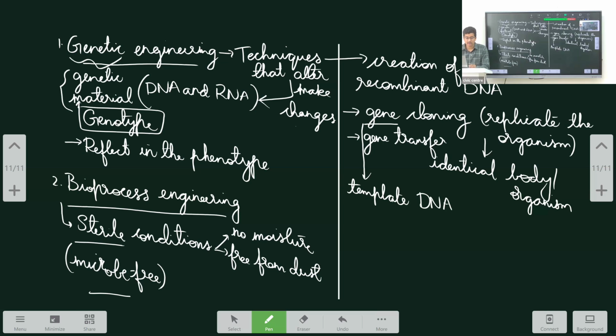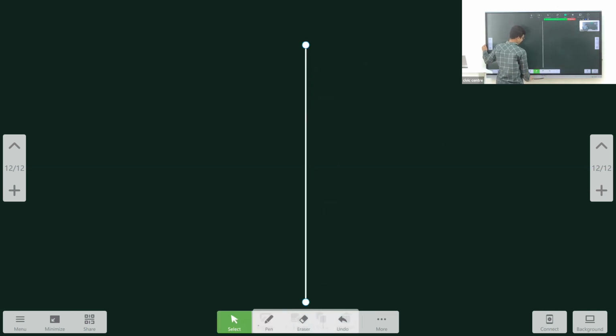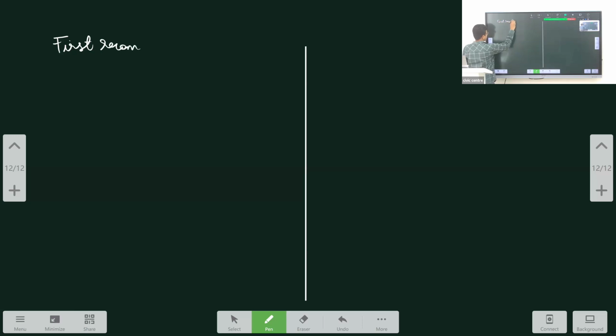Next, let us look at how the first recombinant DNA was made. Let me explain this with an example or a diagram.